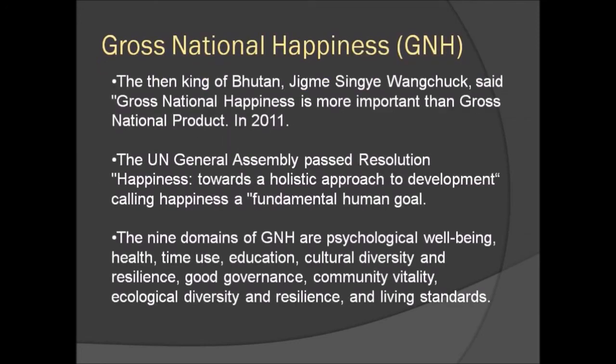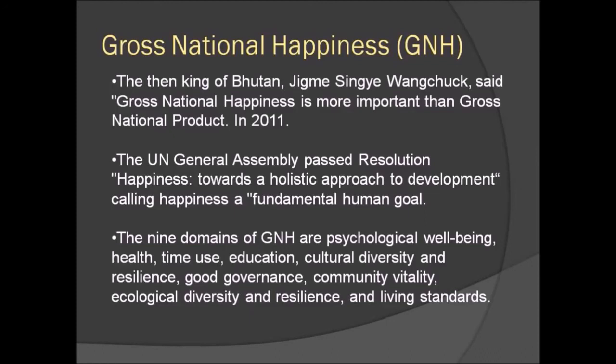Gross national happiness. The king of Bhutan said that gross national happiness is more important than gross national product. And the United Nations General Assembly passed a resolution accepting and approving the words of the king of Bhutan.